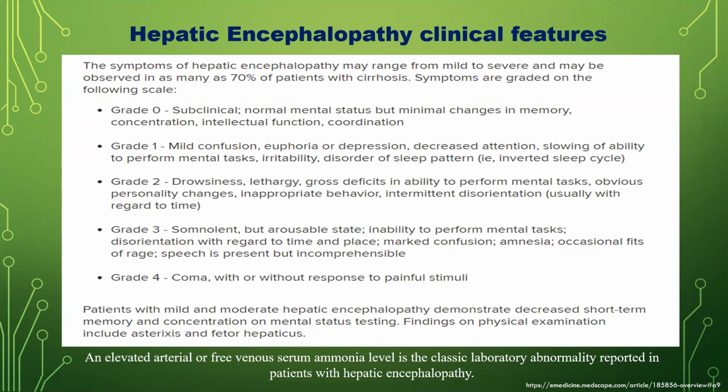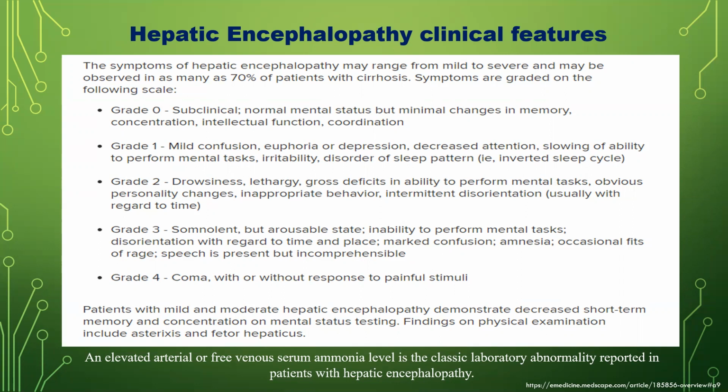We have specific tests for hepatic encephalopathy, where the patient needs to connect numbers from 1 to 20, and the physician during the physical examination will evaluate the level of cognitive function of the patient and the time it takes to finish this test.